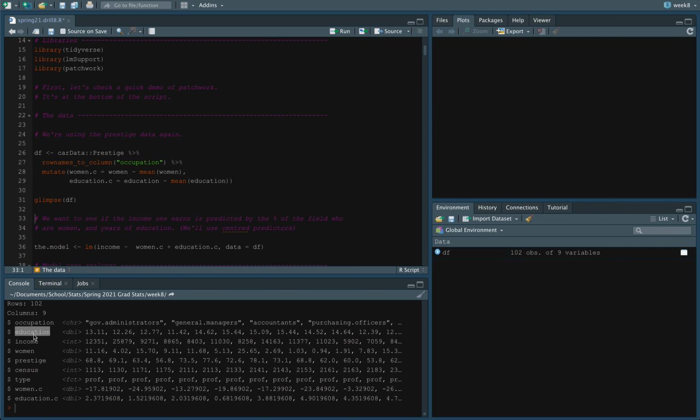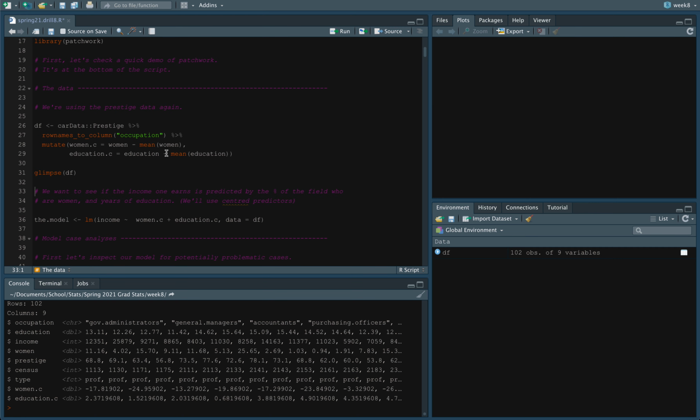The variables are the years of education of any particular job, the average income, the percentage of women in that field, the perceived prestige, meaning how the population at large rates the prestige of these various jobs, some census code, whether it's professional, blue collar, or white collar, and then now my centered variables, which we'll briefly take a look at and reinforce why we centered those when we get to the models.